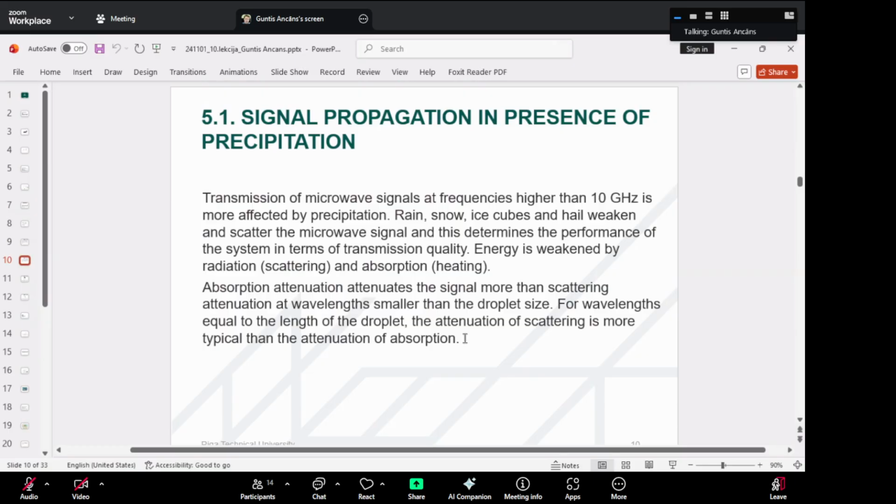Energy is weakened by radiation and absorption. Absorption attenuates the signal more than scattering attenuation at wavelengths smaller than the raindrop size. For wavelengths equal to the size of the droplet, the attenuation of scattering is more typical than the attenuation of absorption.